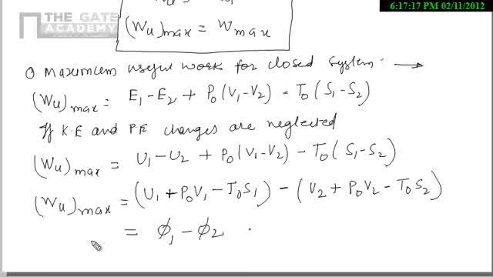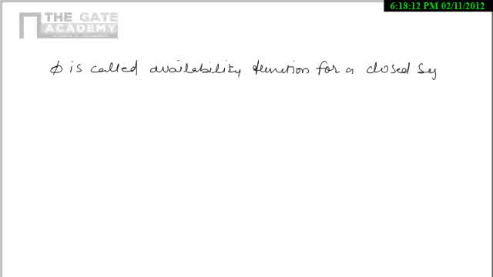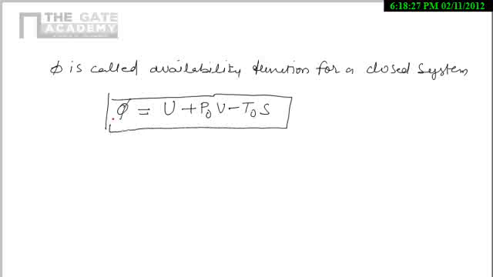Here phi is called the availability function for a closed system, represented by U plus P naught V minus T naught S.